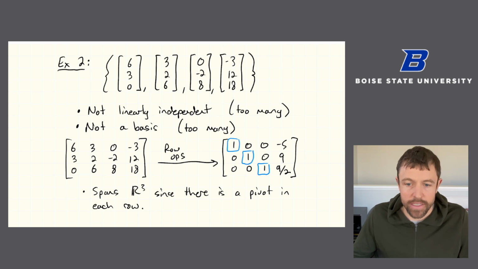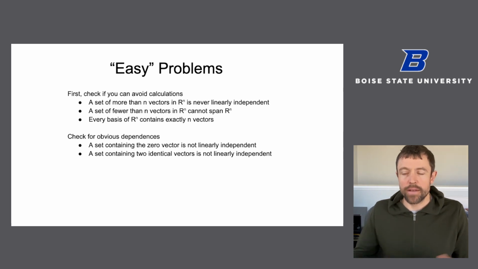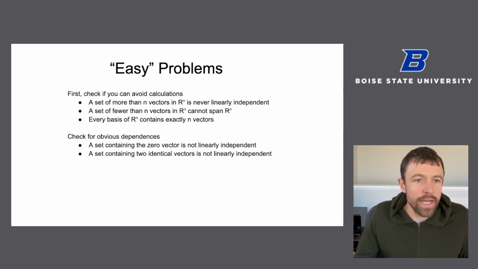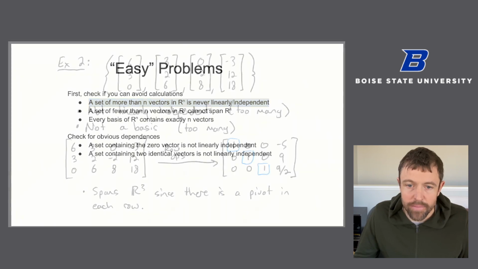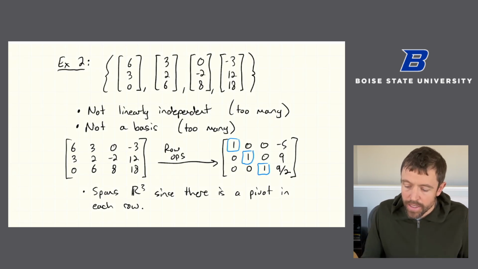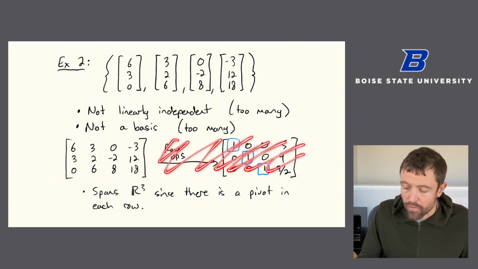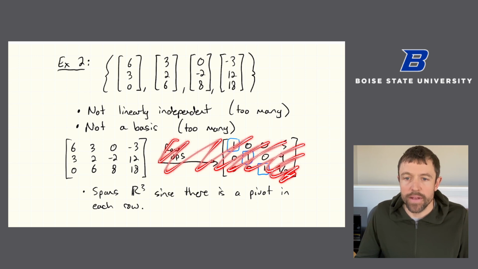This method also explains why the easy approaches work. So if I look back to these easy problems, as I said I would come back to this, why is it that more than n vectors in Rn can't be linearly independent? Well, going back to this example, I don't even need to see the echelon form to know that there won't be a pivot in each column.